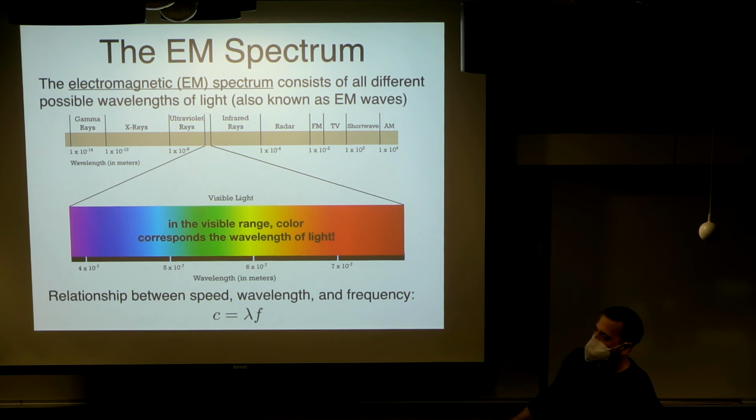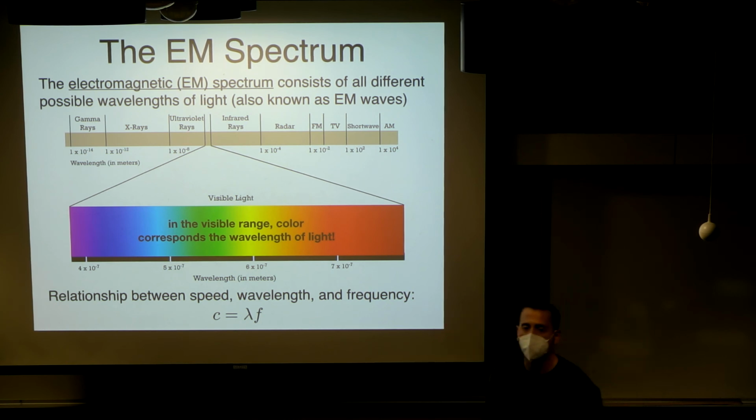And as we get to the red end, we're in the range of like 7 times 10 to the minus 7 meters, or 700 nanometers. So it's a pretty small range, right, in terms of visible light, but that contains all the different colors we can detect with our eyes, okay? So wavelengths that are too short to be seen are ultraviolet. So if we had slightly more sensitive eyes to shorter wavelengths, we can see ultraviolet.